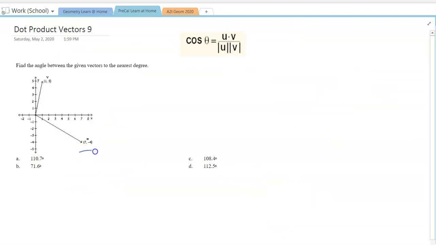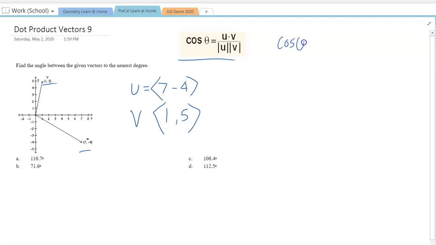So U, I guess, is this one, 7, -4. And V is 1, 5. So that should make it real easy to go ahead and plug those into that same formula we used earlier to find the angle measures.